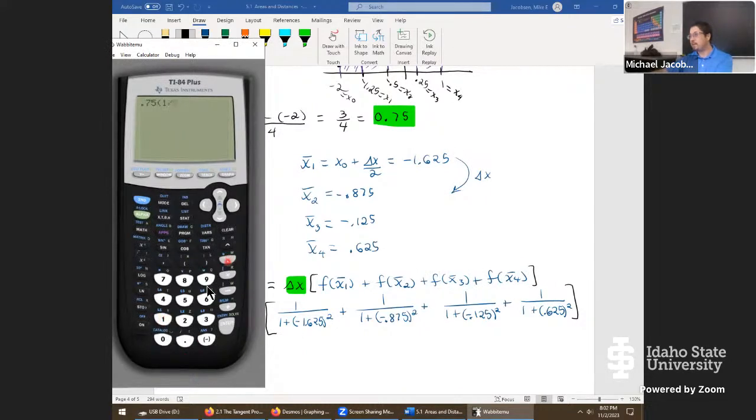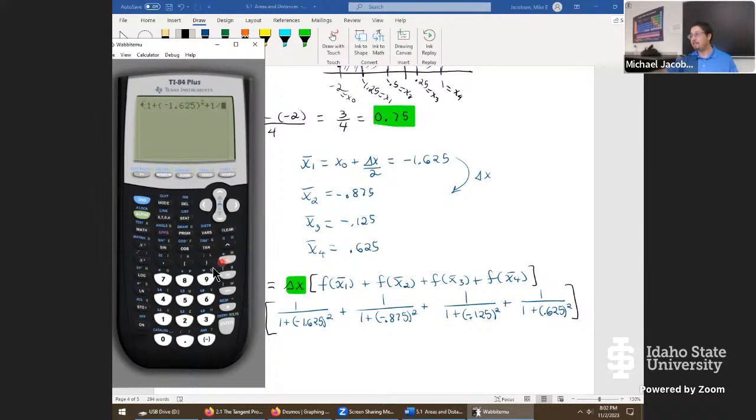So it's 1 divide by, we need another parenthesis, 1 plus, a new parenthesis, negative 1.625, close that parenthesis and square the result. So that's this first term here. And rinse and repeat, it's kind of tedious, but it'll get in there eventually.